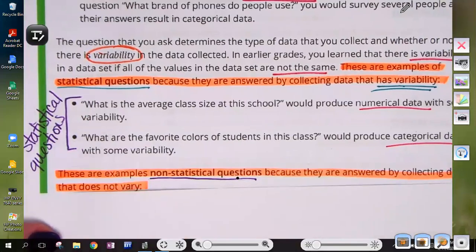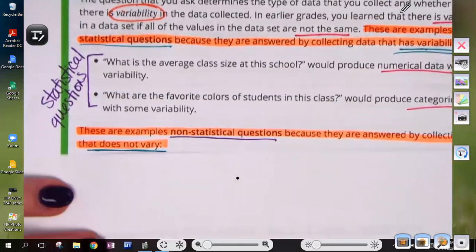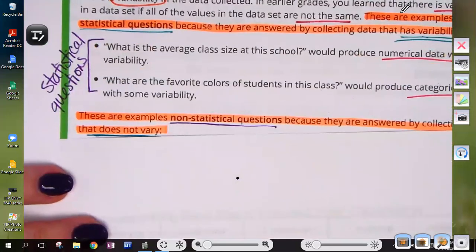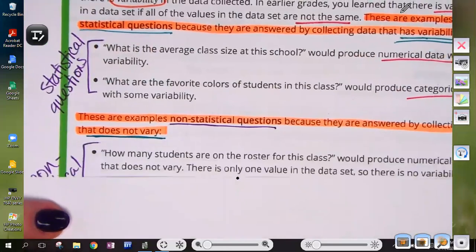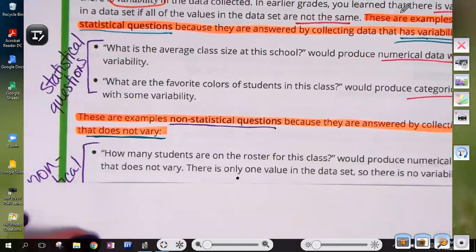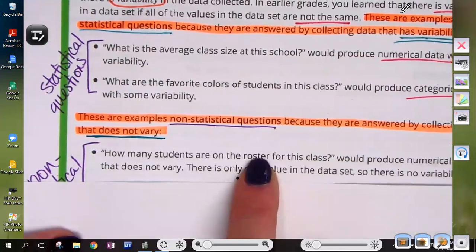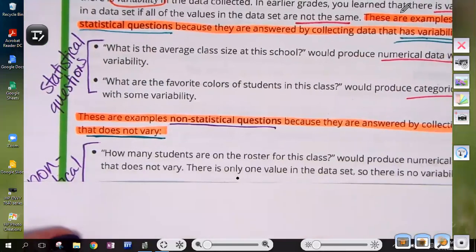Next, these are examples of non-statistical questions because they are answered by collecting data that does not vary, does not change. The answers will be one or the other. How many students are in the roster for this class? There's only one correct answer to that. It doesn't ask how many students were here today because that could change, but it asks how many are on the roster, which I think is 16.